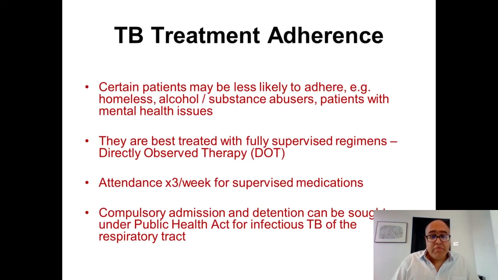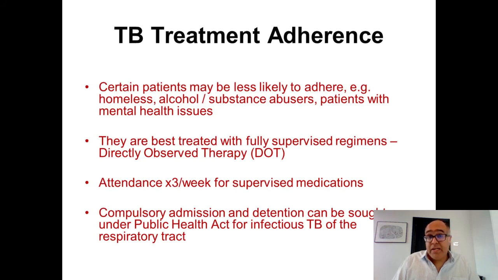So TB treatment adherence can be a challenge, and there are certainly some groups of people who are more at risk of having lower adherence, including, for example, homeless people, people who use alcohol or substance abusers, and also patients who may have underlying mental health issues or lack capacity for whatever reason.